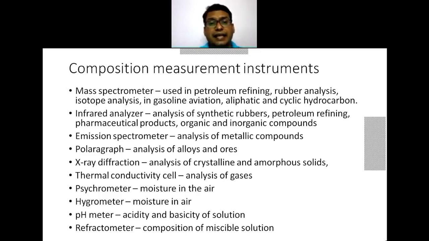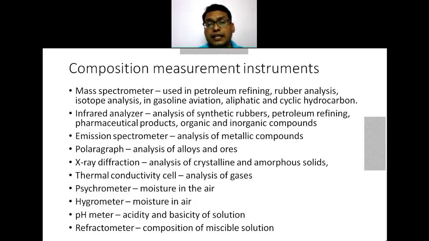Then the IR analyzer, that is the infrared analyzer, which is used to analyze synthetic rubbers, petroleum products, pharmaceutical products, organic and inorganic compounds. Then the emission spectrometer, for analysis of metallic compounds. Then polarograph, which helps to analyze alloys and ores.